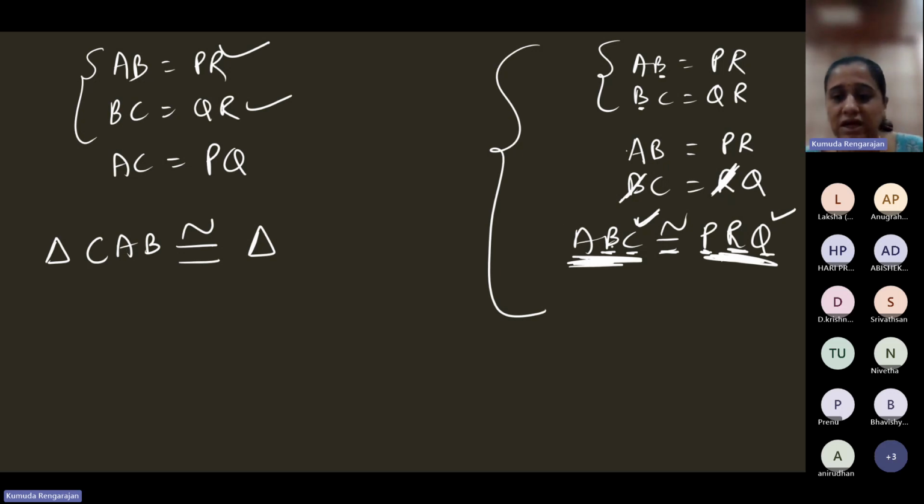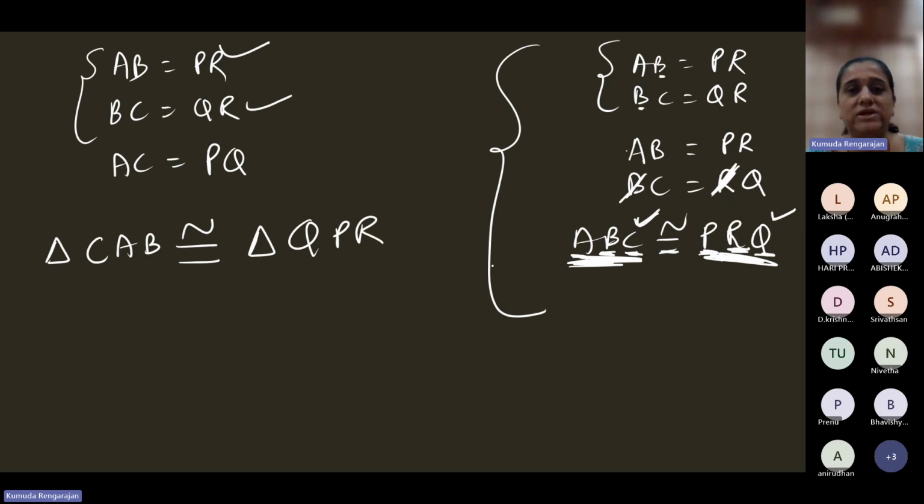So if you say C, A and B, you must say Q, P, and R. Change the name of the second triangle also. So when you change the name of the first triangle, the name of the second triangle is also altered. So if you say CAB, it is QPR.